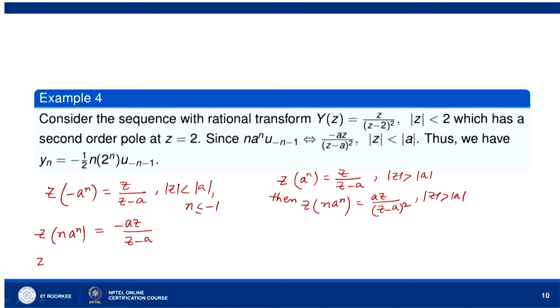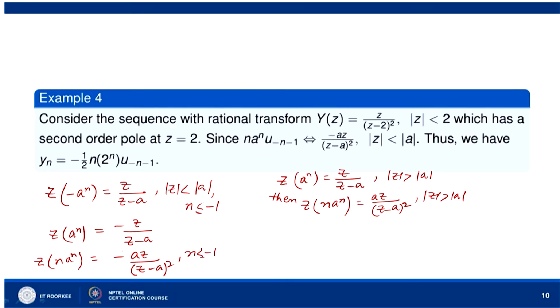The Z transform of a to the power n we can write as minus z over z minus a, and then the Z transform of n a to the power n is equal to minus a z over z minus a whole square, when n is less than or equal to minus 1.